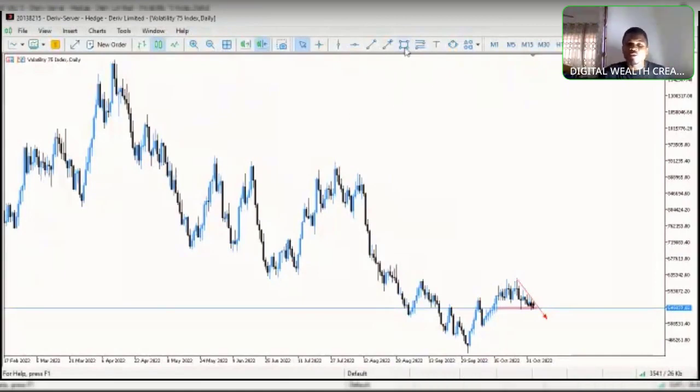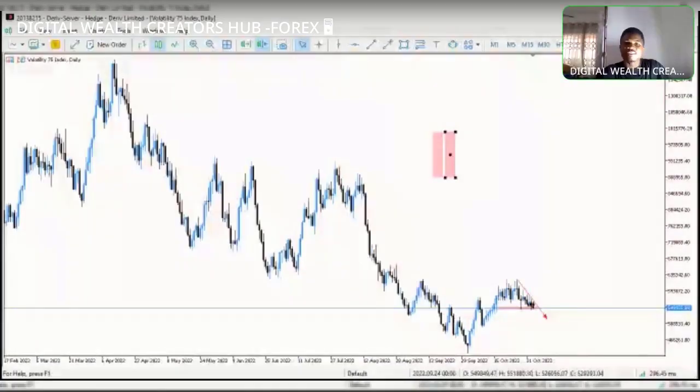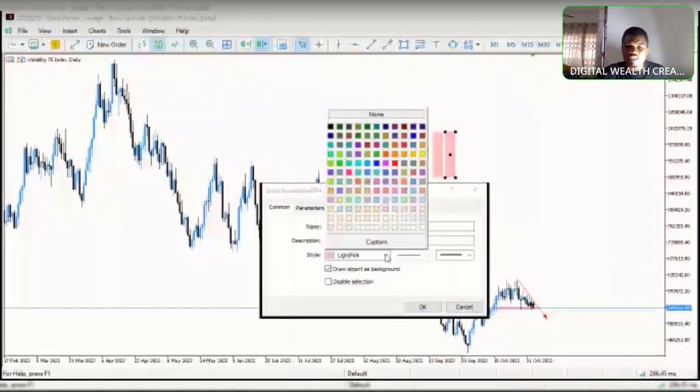Quickly let me demonstrate for you over here. Let's say this is one candle. Let me make a copy of this and put it by the side. I'm going to change the color of this one so that you understand what I want to demonstrate. Let's say we give it lime green.